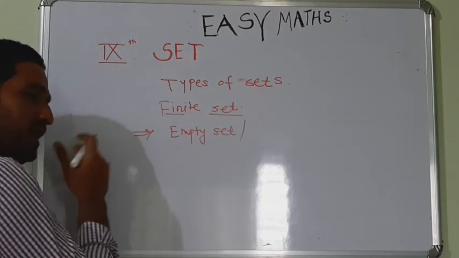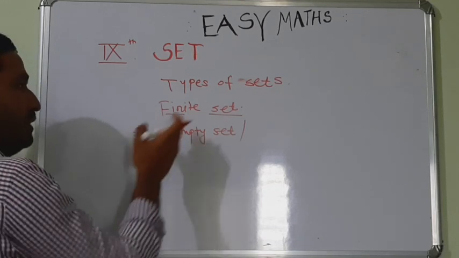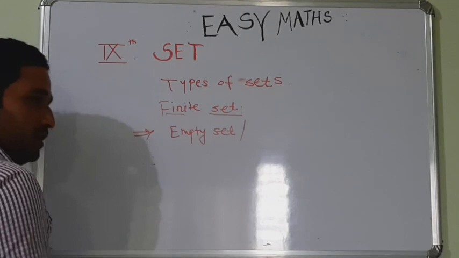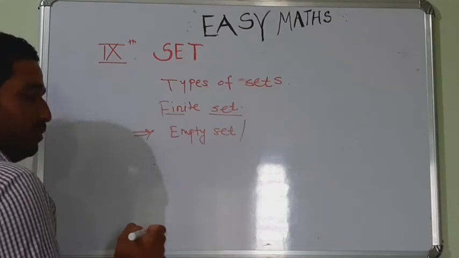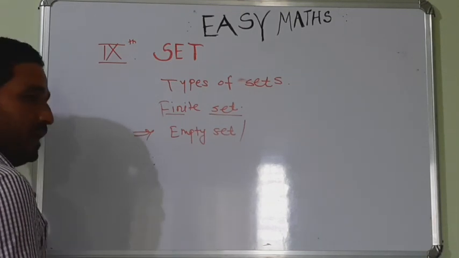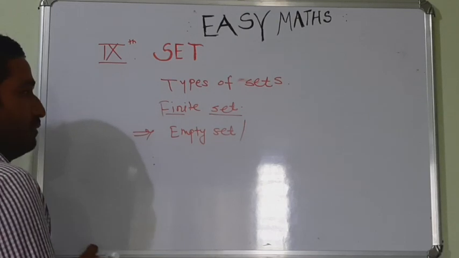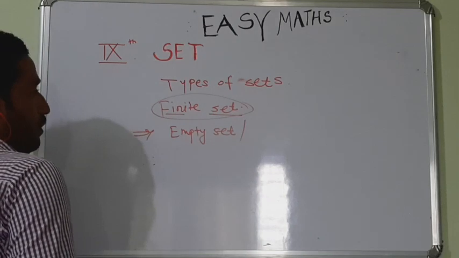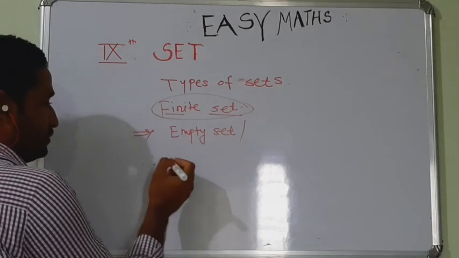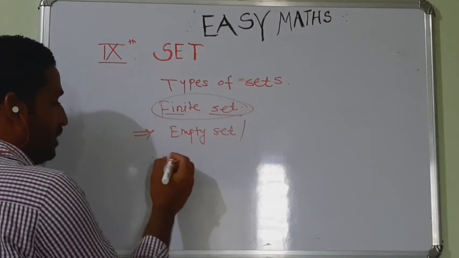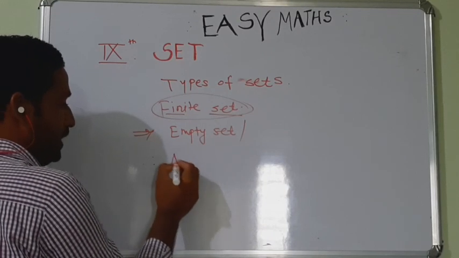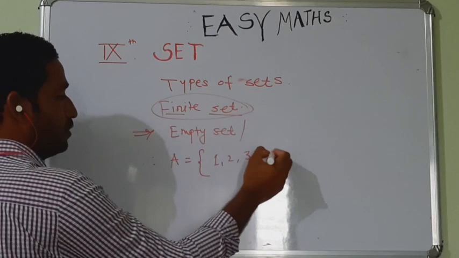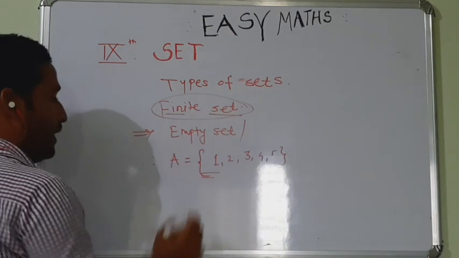Got it? An empty set is also called a finite set. In a finite set, the number of elements is finite, limited, and countable. Therefore, the given set is called a finite set. Example is set A equal to {1, 2, 3, 4, 5}. This is our finite set.